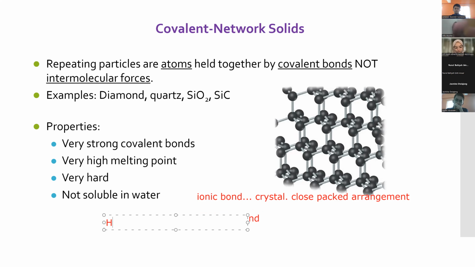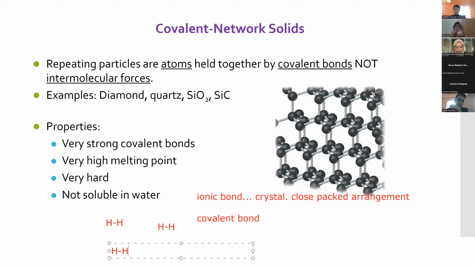Hydrogen is a covalent bond. Here is hydrogen, and the others are also hydrogen. There are individual molecules, I mean, there is no interaction between each hydrogen molecule.